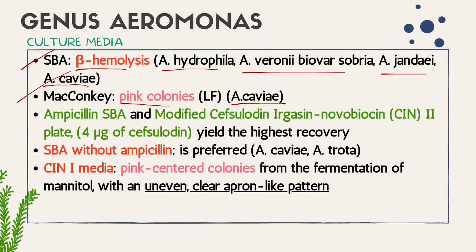So, a good example of a lactose fermenter Aeromonas is your Aeromonas caviae, which exhibits pink colonies in MacConkey agar. To increase their yield or recovery for Aeromonas species, we can use a combination of sheep blood agar with ampicillin and modified cefsulodin irgasan novobiocin, or CIN plate 2. Usually, this CIN plate 2, the modified one, contains 4 microgram of cefsulodin, which is an antibiotic against an Aeromonas-like species, your Pseudomonas.